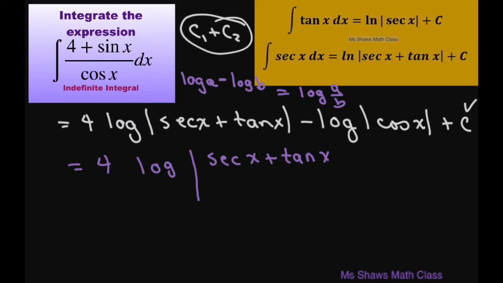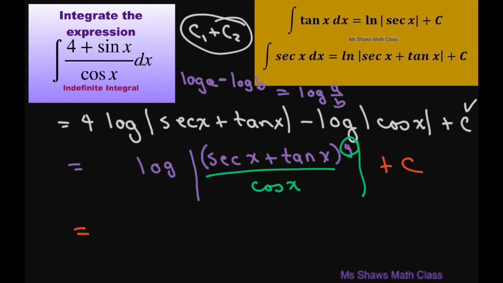I'm going to move this 4 using my power property and write this with the power of 4. And in the denominator, we're going to have cosine of x. Also, since this is to the power of 4, we don't really need the absolute value signs in the numerator.